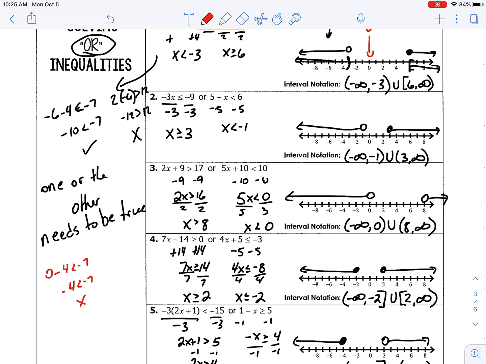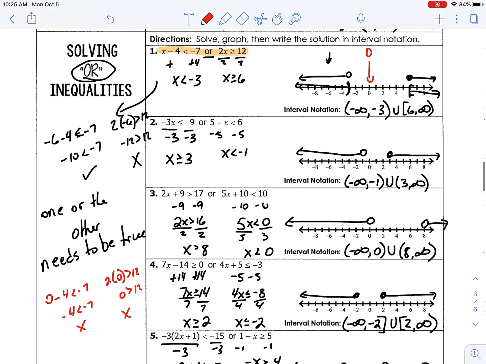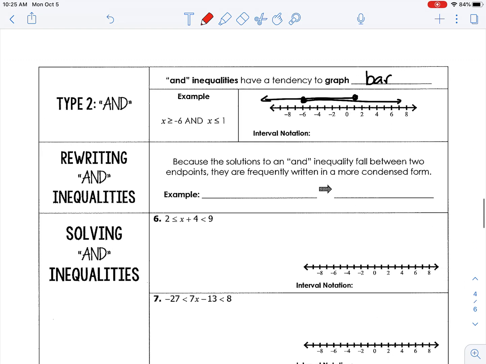That's bad. 2 times 0 is greater than 12. Well, that would be 0 is greater than 12. That is bad. So it didn't meet, and again, we knew that from my solutions. This fell on the gap. It has to make one or the other true. When we come down here to an AND problem, both intervals have to be true.